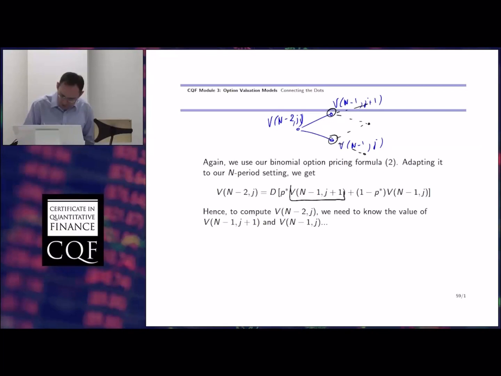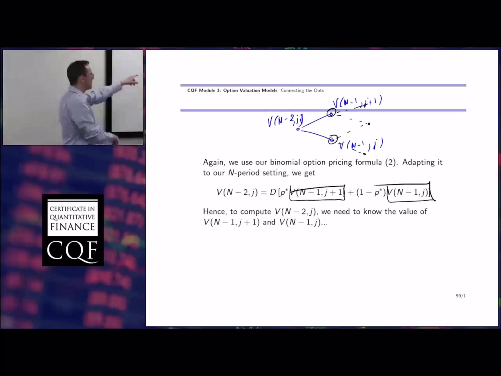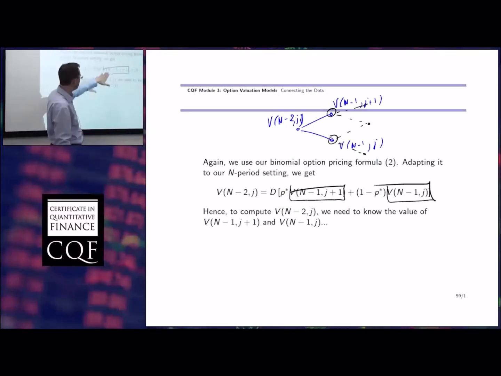But then we know what this is and we know what that is, right? Because we have already calculated that using our 1-step formula. So let's just plug the values here and there and see what happens.